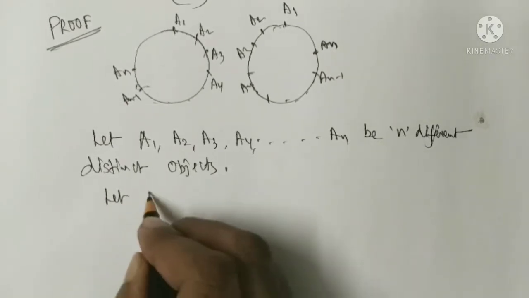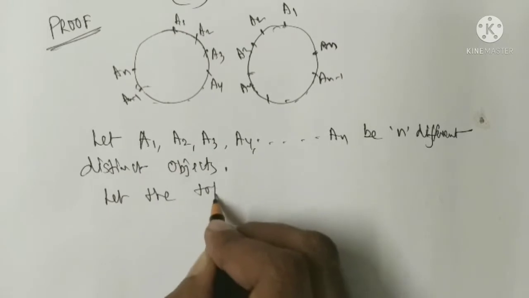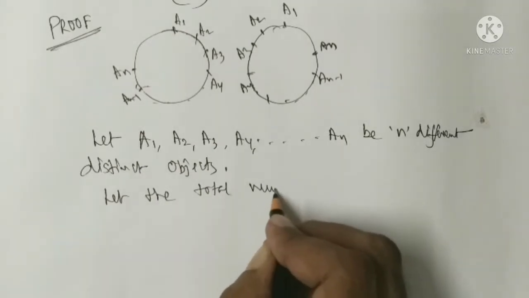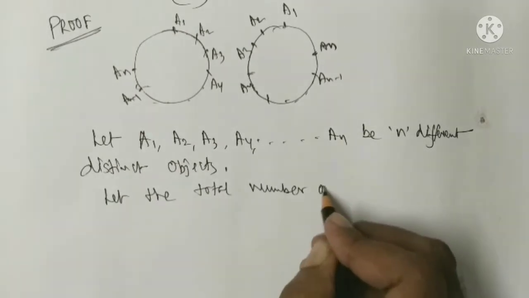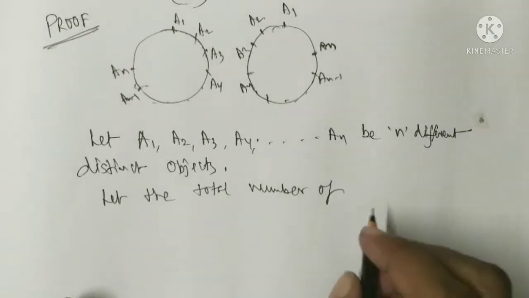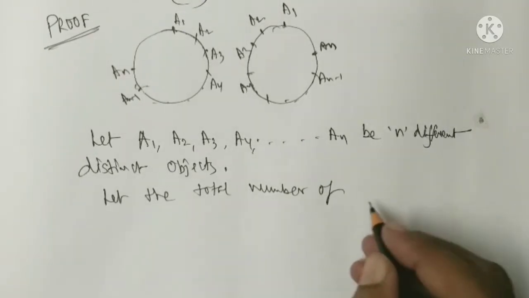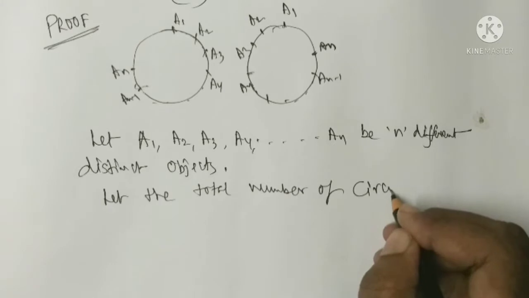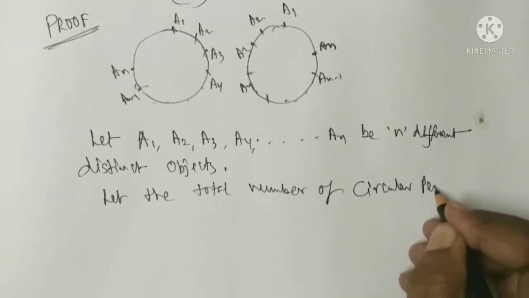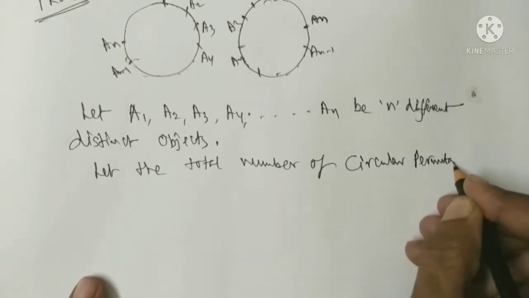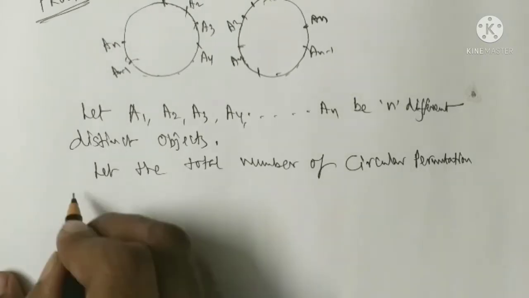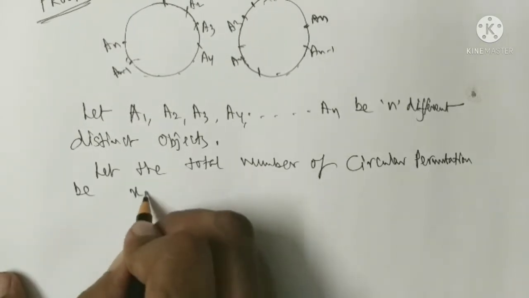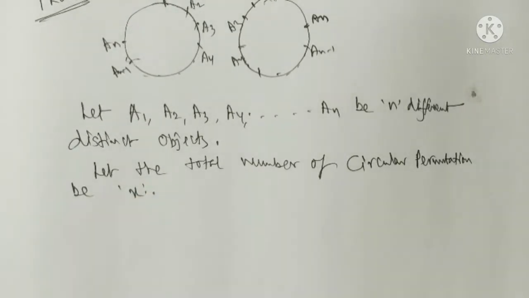Let the total number of circular permutations be x. We get x number of total circular permutations.